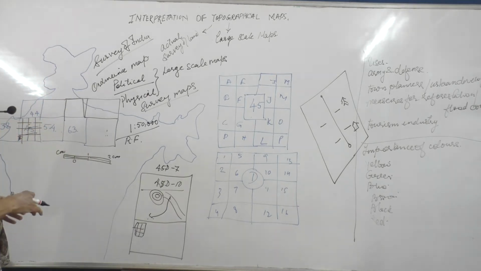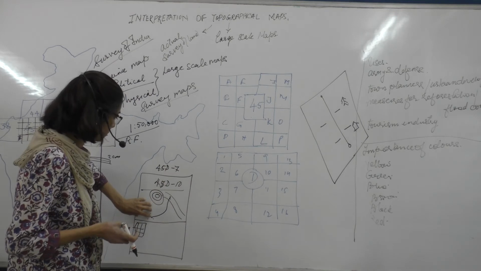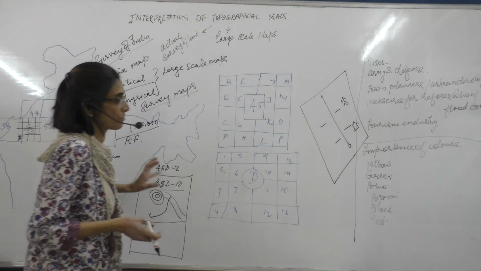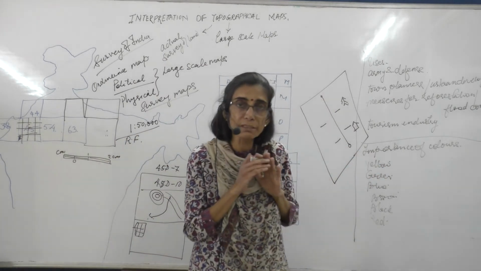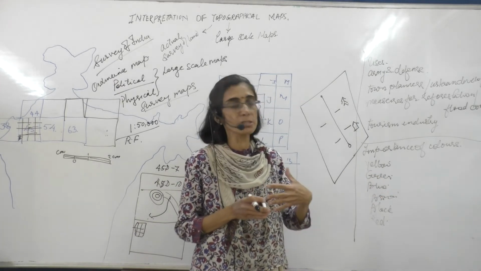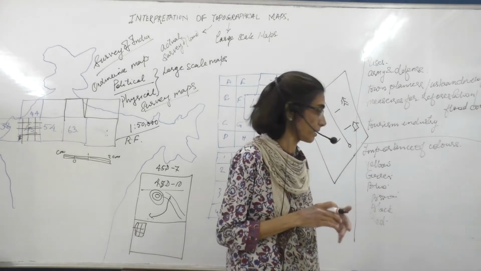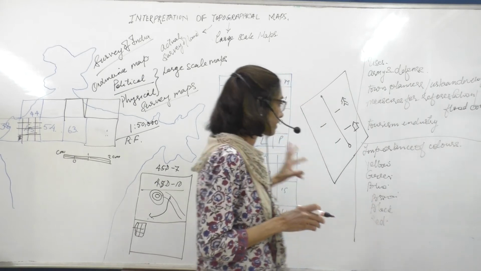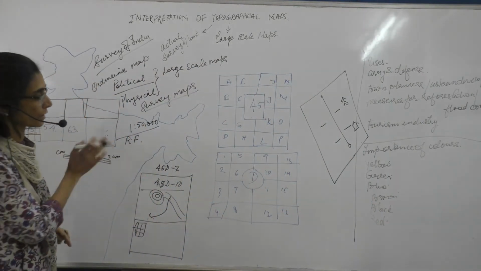Then there may be measures of reforestation. You feel that this patch is not at all having greenery here. They use different colors, like yellow color is utilized for showing the agricultural land, the green color is used for showing the forested area, blue color for the water bodies. So there are different ways you can identify what kind of region.